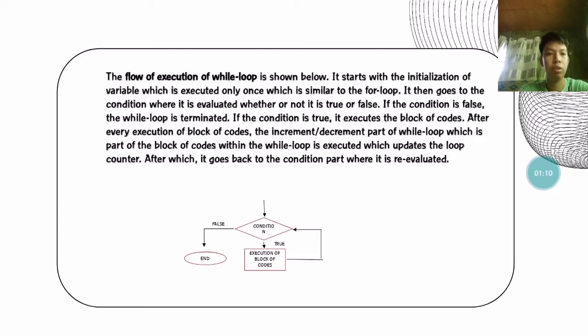If the condition is true, it executes the block of codes. After every execution of the block of codes, the increment-decrement part of the while loop, which is part of the block of codes within the while loop, is executed, which updates the loop counter, after which it goes back to the condition part where it is reevaluated.